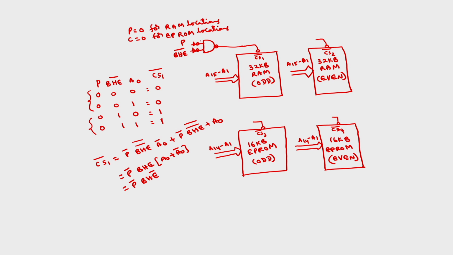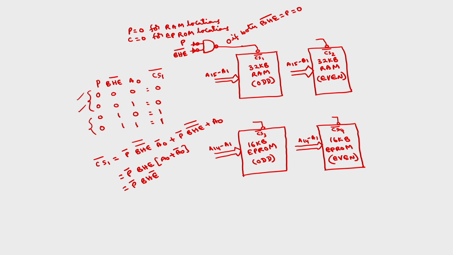If one of the inputs is 0, the output will be equal to 1, and it will not be selected. So this will work out. So the circuitry will be: for P equal to 0, BHE bar 0, this will always be 0 if both BHE bar and P bar are equal to 0.